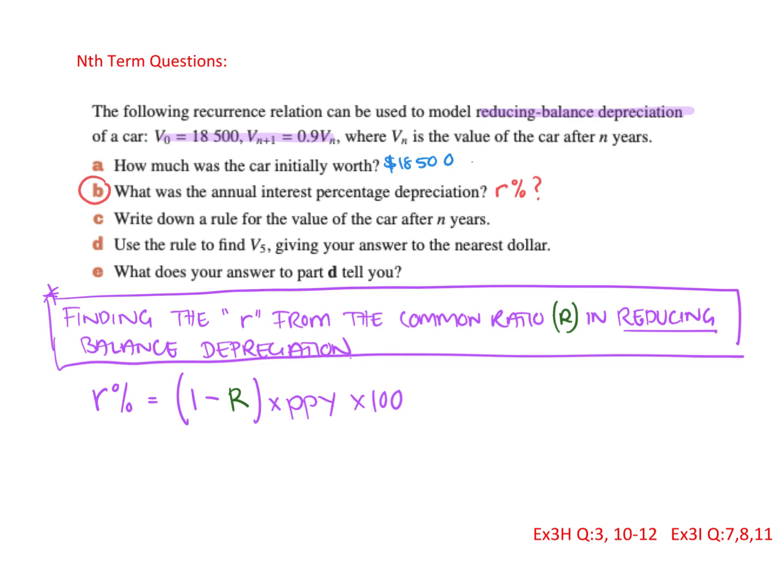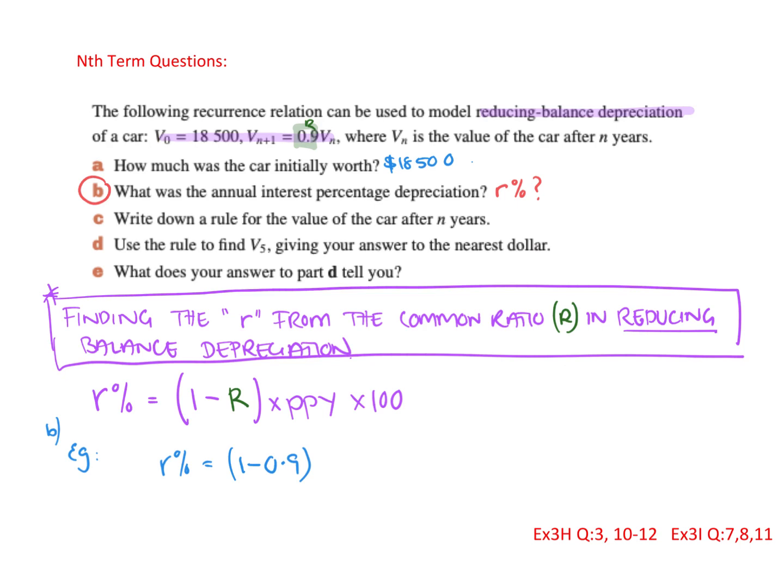All right, so if we follow this formula with this example, for B, if we're trying to find the percentage rate, it equals 1 minus R, which is 0.9. Can you see up there in our formula, I can see that R is that number.